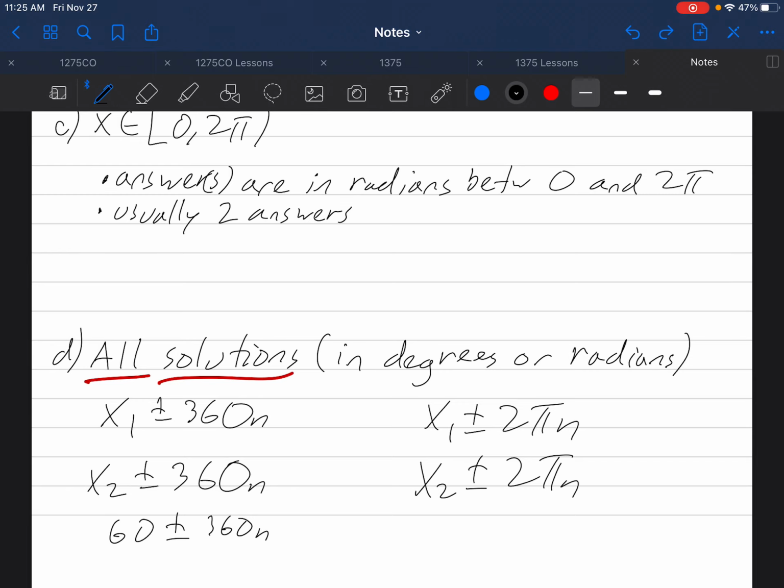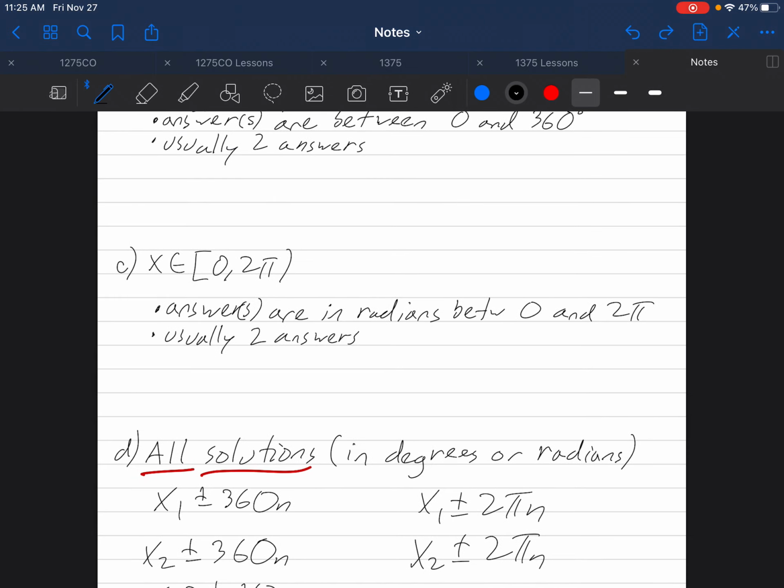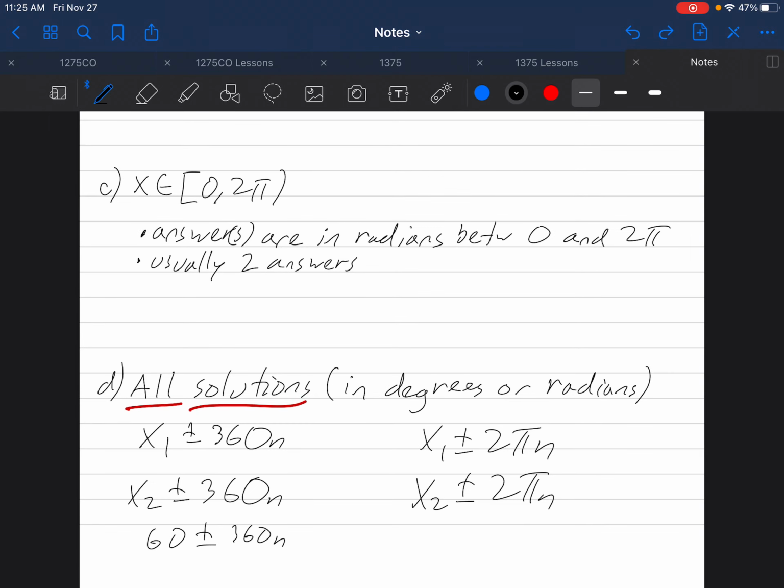And x2 will be based on the second answer that comes out of here, and again, plus or minus 360n. If you need to do this in radians, then you can take your x1 in radians and add plus or minus 2 pi n.